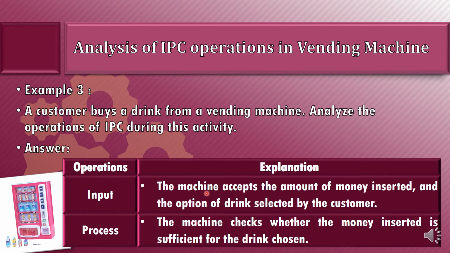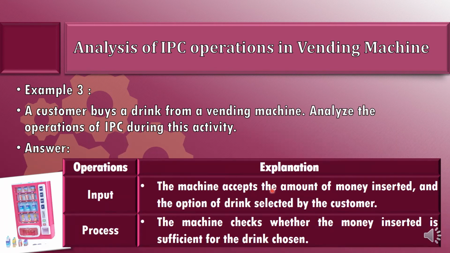The first one is the machine accepts the amount of money inserted, and the second answer you may write is the machine accepts the option of drink selected by the customer. You may separate this answer into 2 points, if the question asks for 2 activities.